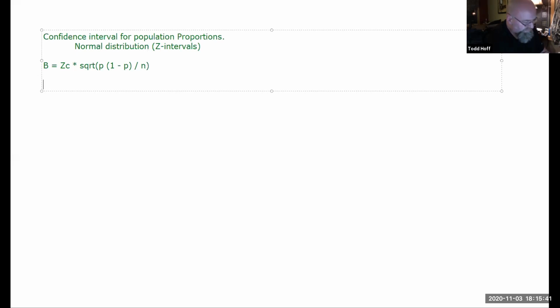But there are some requirements that we have to be aware of. First, N times P has to be greater than 10, and N times 1 minus P has to be greater than 10. Technically greater than or equal to 10.